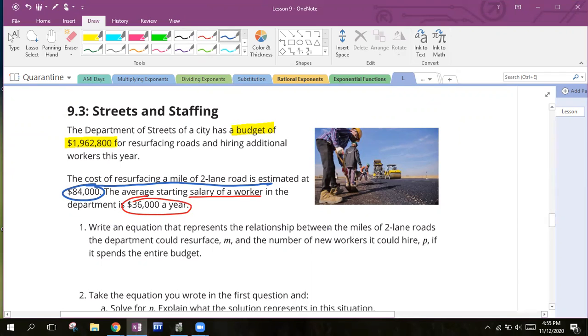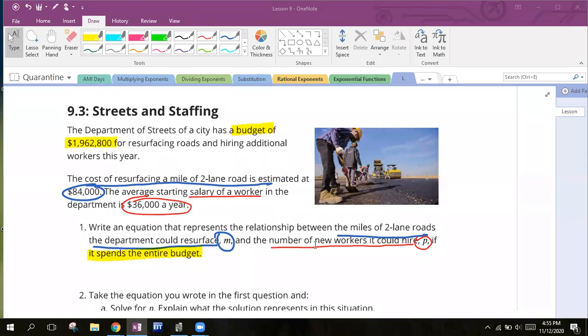Write an equation that represents the relationship between the miles of two-lane road the department could resurface, which we're going to use M, and the number of new workers it could hire, P, if it spends the entire budget. The way I highlighted was for a specific purpose.